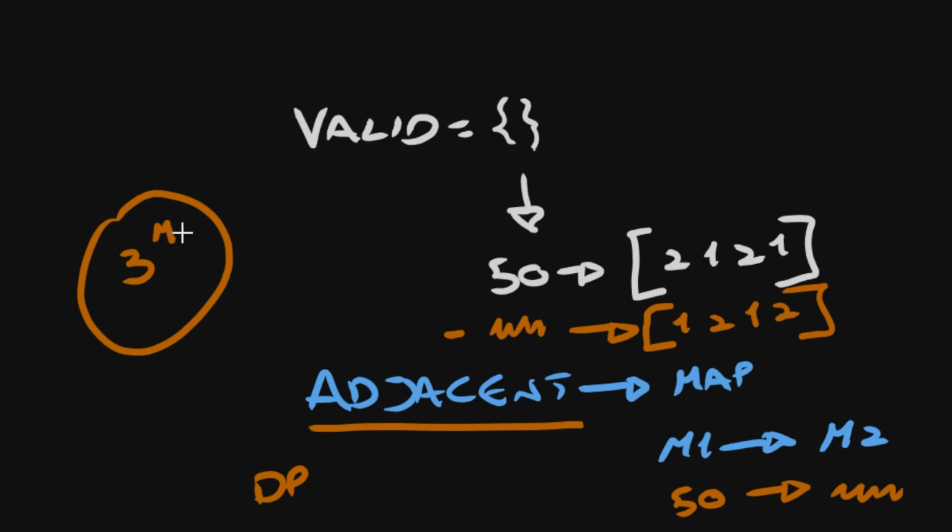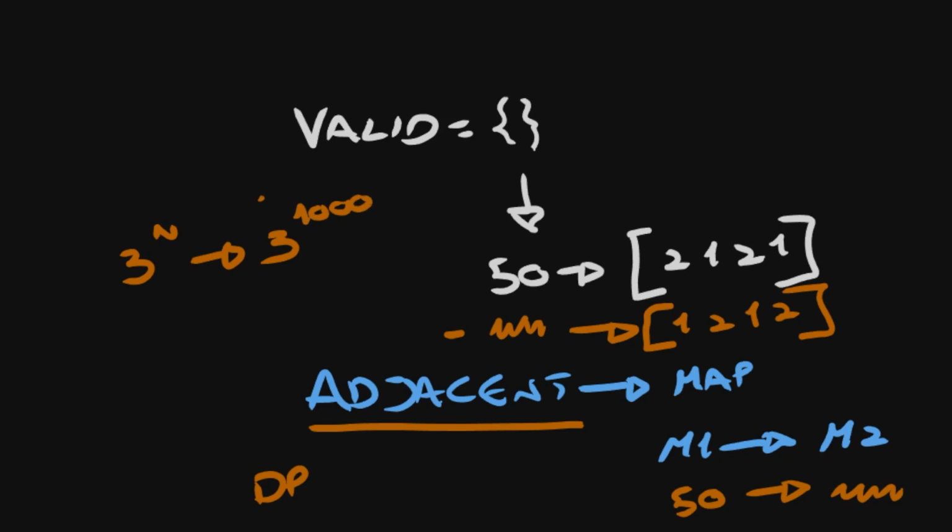But remember that m is 5 and n is 1000. So if this was n, we would have 3 to the power of 1000 masks. This is a very huge number. So to make this possible, we need to take m as columns.